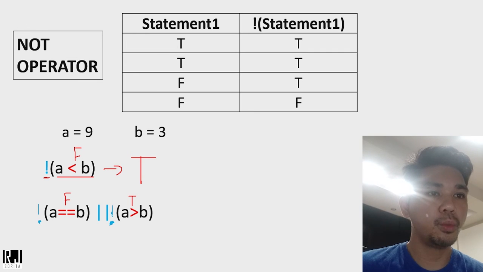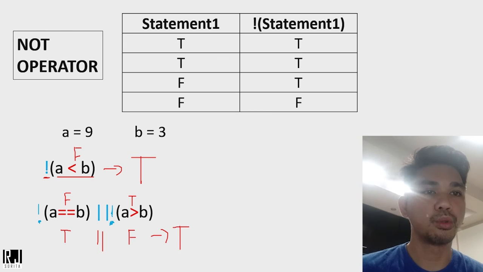Since we have a not operation, we are going to flip this one. So from false, it will become true. This one, from true, it will become false. So true or false will yield true.